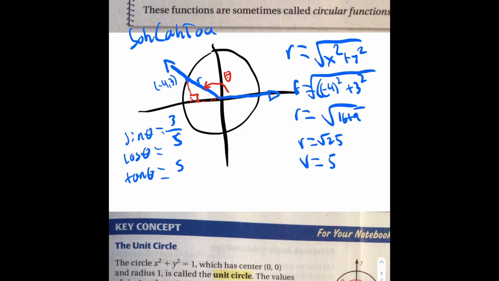Cosine is x over r, so that's going to be -4 over 5. And then tangent is y over x, which is 3 over -4. If I was looking for the reciprocals, my other 3, I just have to flip what I got.